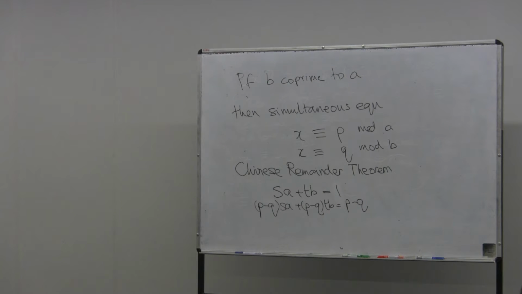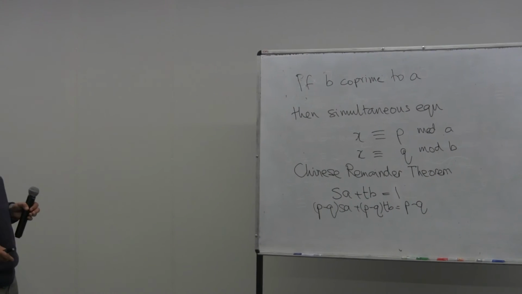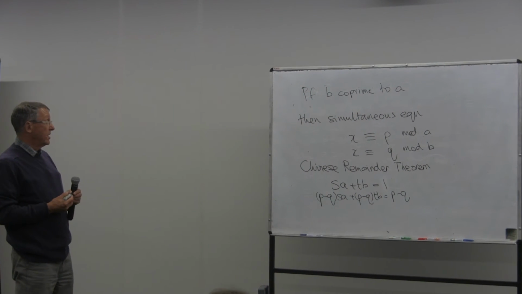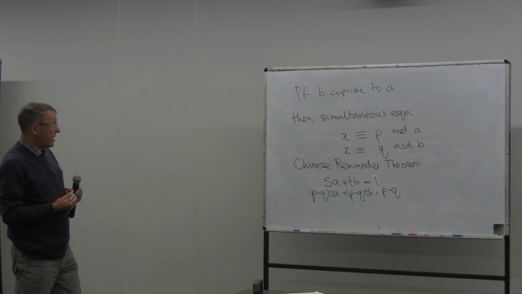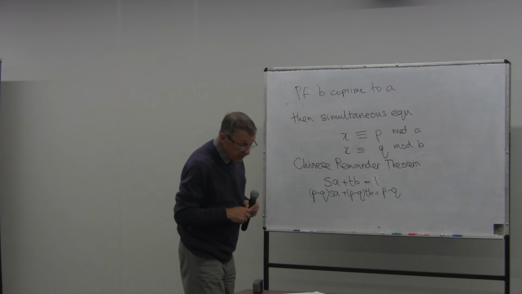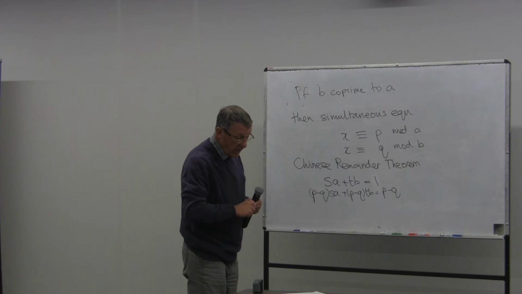Now, if you rearrange that equation, these are still genuine integers. Then I always say you must be very careful to get them the right way.